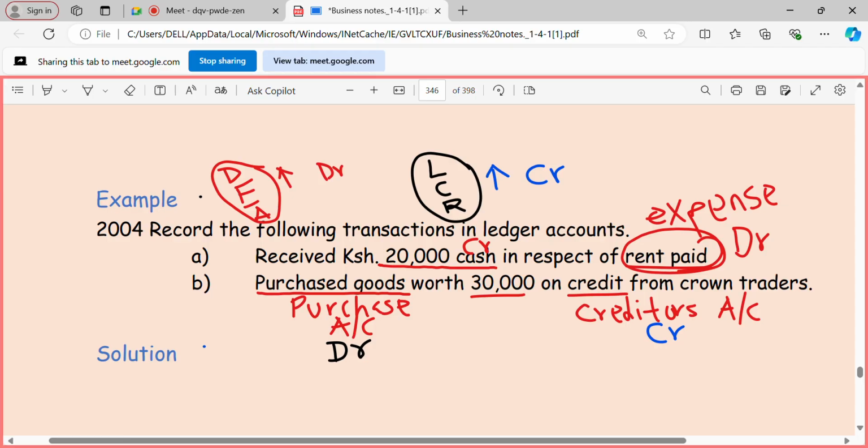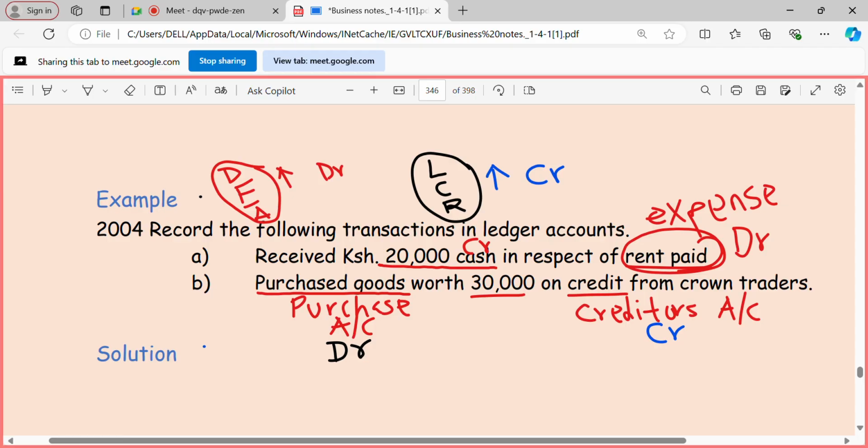I said rent paid. When you pay rent, when you are the person who is paying the rent, it is an expense, because you are not gaining. There's no way you are gaining from paying the rent. So as a business person, you have your business in the CBD, and you are paying for the space where you do your business, maybe 20,000 monthly.